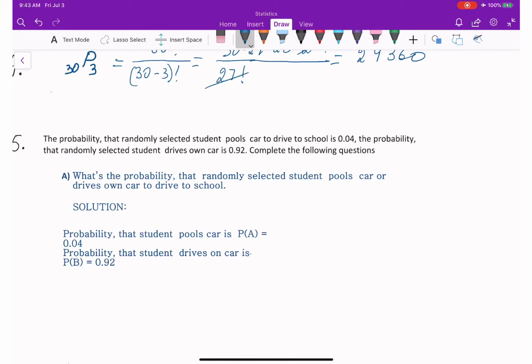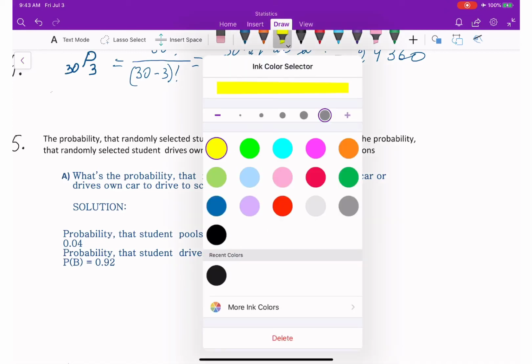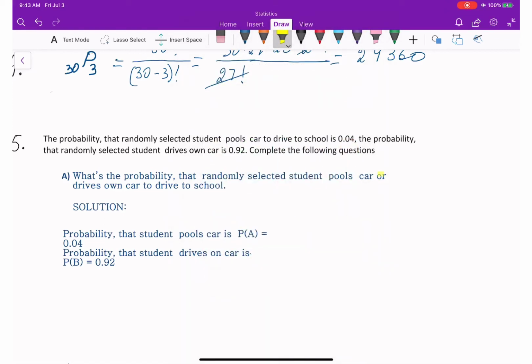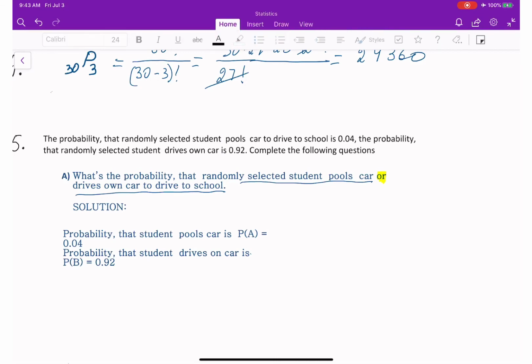Keyword here is or. When you have or, that means you will find a probability that a randomly selected student will pull car, and then you have probability of how many students will drive to school by own car, and these two probabilities you need to add them up. Okay, if there will be and, then we would multiply by each other. Yes? All right.